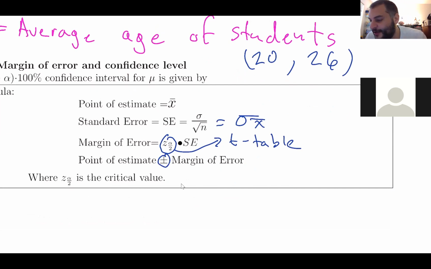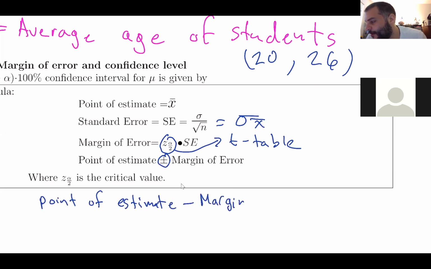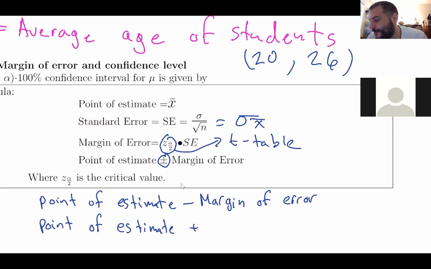So we're going to say point of estimate minus the margin of error, but we're also going to do point of estimate plus the margin of error.